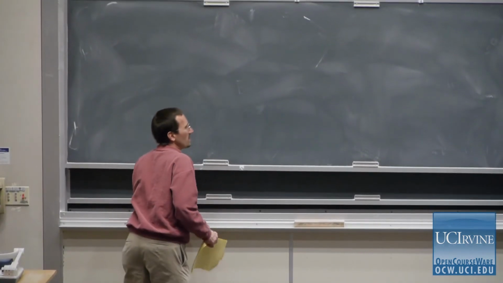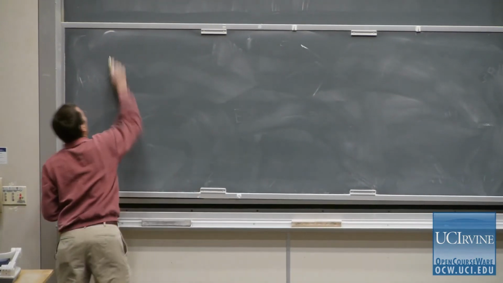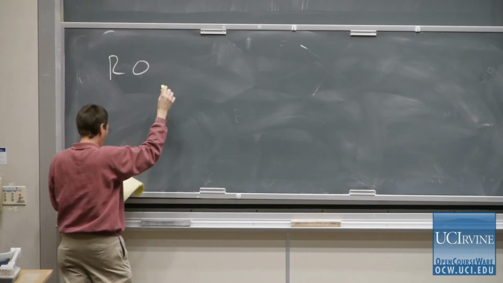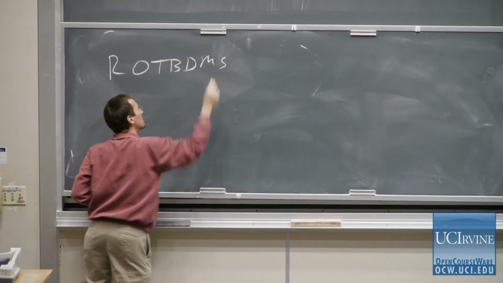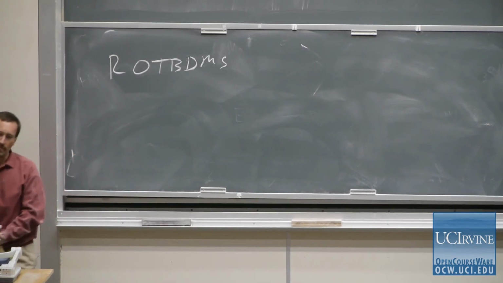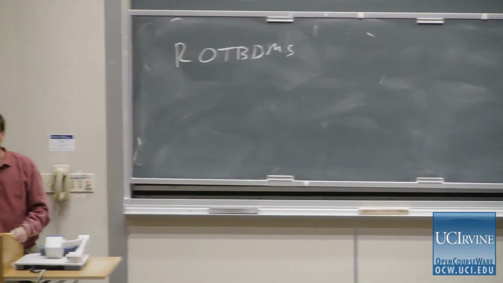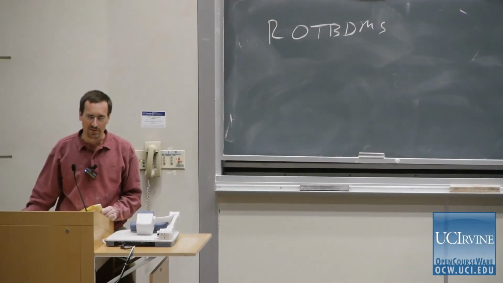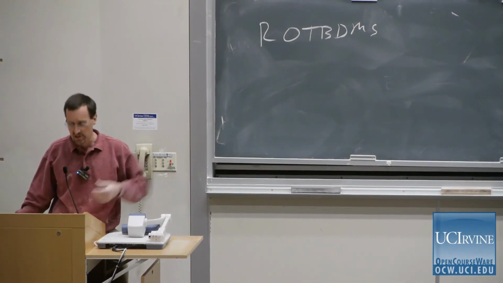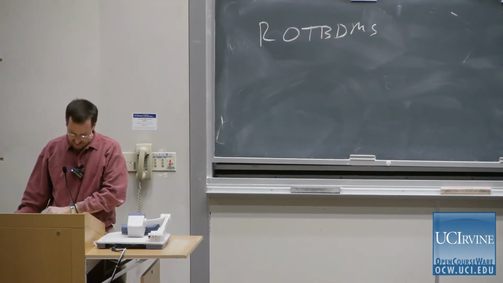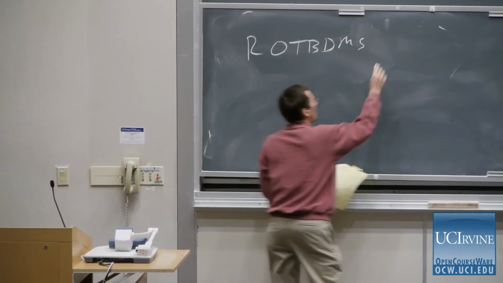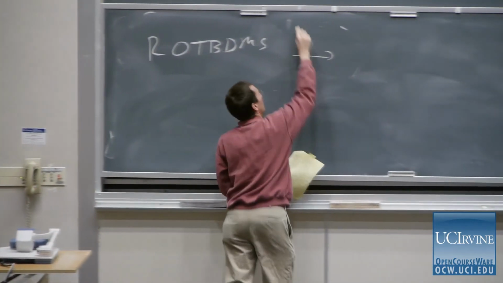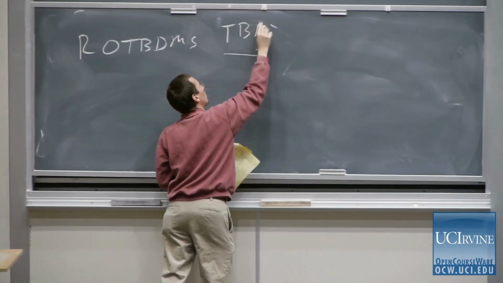So we have our TBDMS ether, and I'll just write this as ROTBDMS. Many organic chemists abbreviate it further, just like we said DIBAL-H. Many abbreviate it further as a TBS ether.